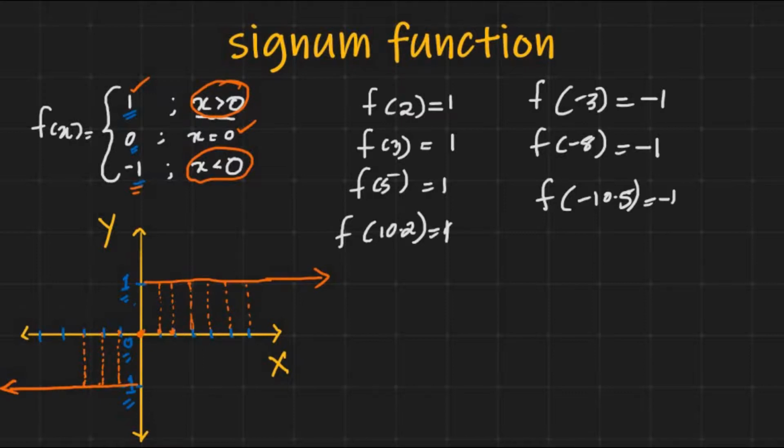Now since we already chose the output value at 0 as 0, we cannot choose this point, since this point also corresponds to 0 on the x-axis. So since x-axis 0 gives us the output value 0 and we chose that here, we cannot choose the 0 number on the y-axis.